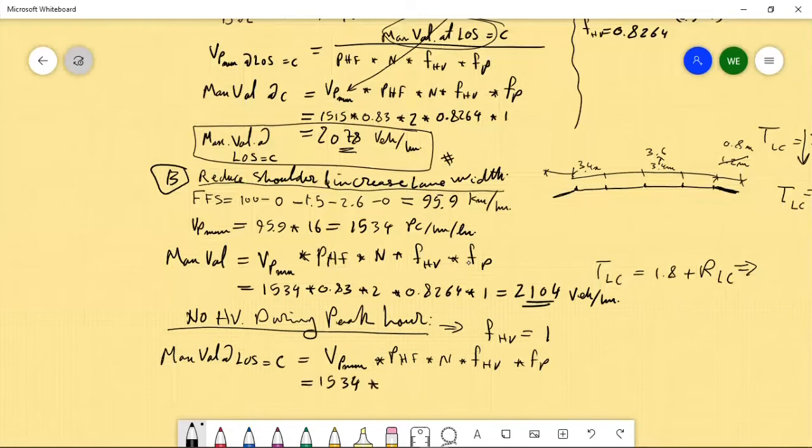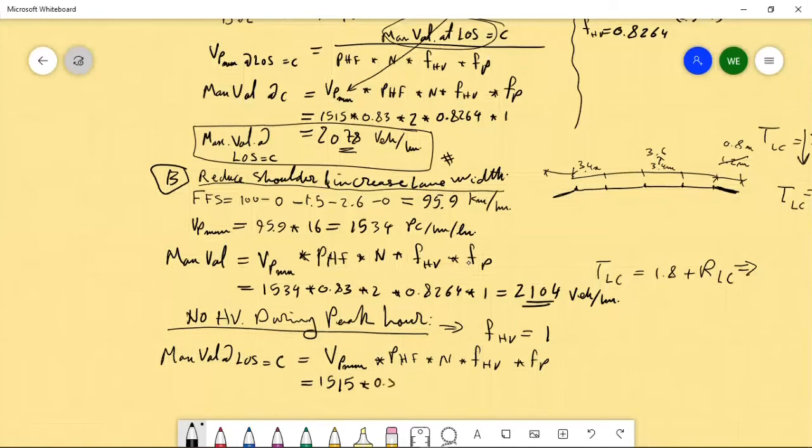Actually, we are going to eliminate that and go back to the original configuration, 15. We're not going to change the shoulders. We're going to keep everything as it is, but we are going to just prevent trucks from driving through during the peak hour.